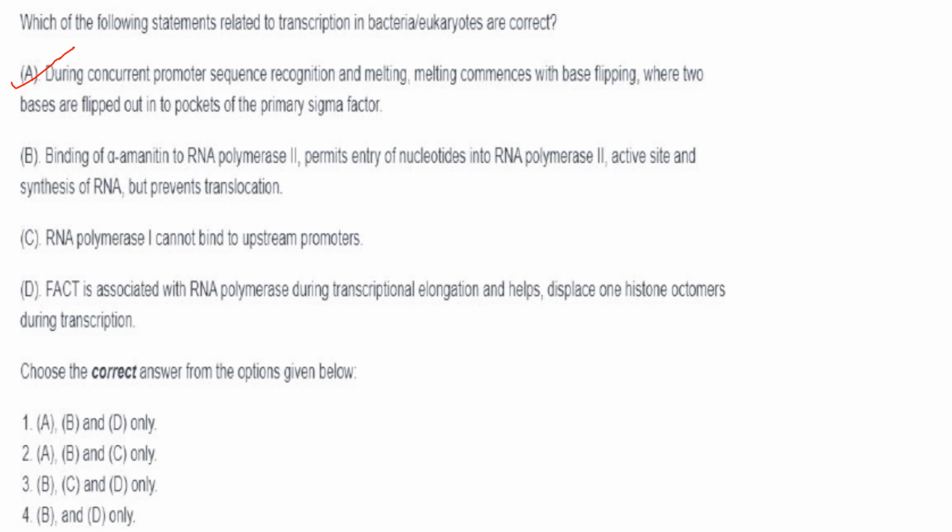It inhibits RNA polymerase 2, which is the one involved in transcription in eukaryotes. So B statement is correct. RNA polymerase 1 cannot bind to upstream promoters. That is not correct.